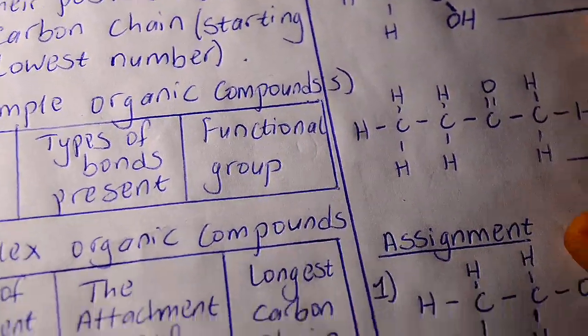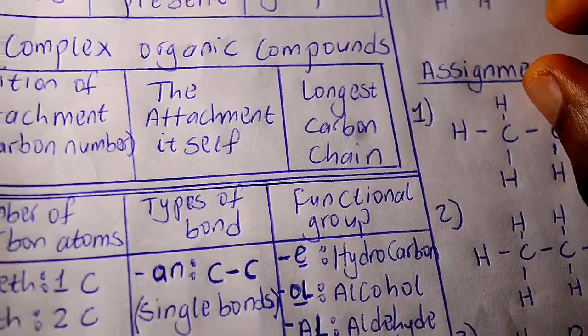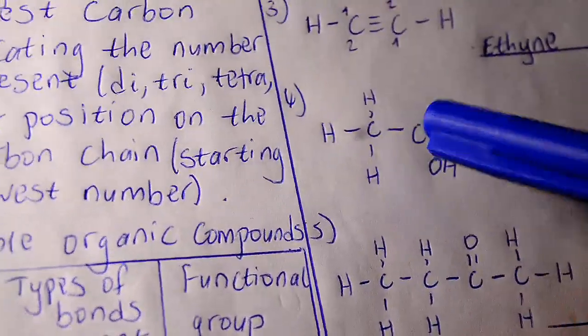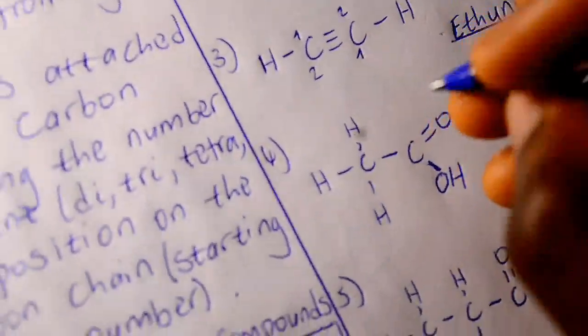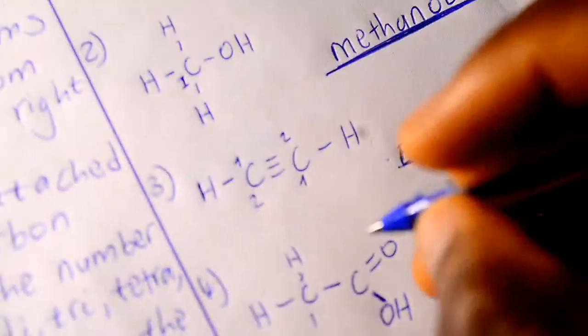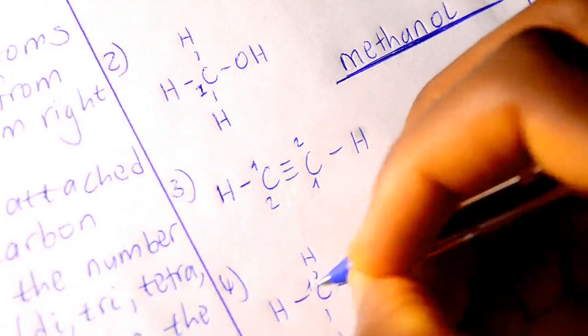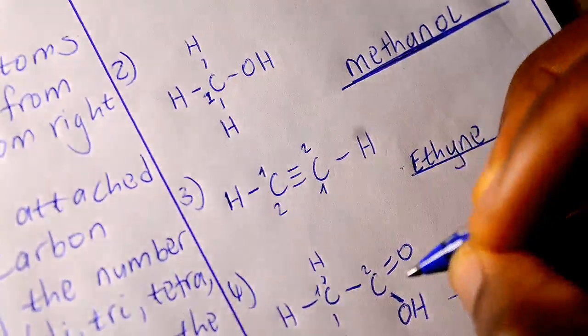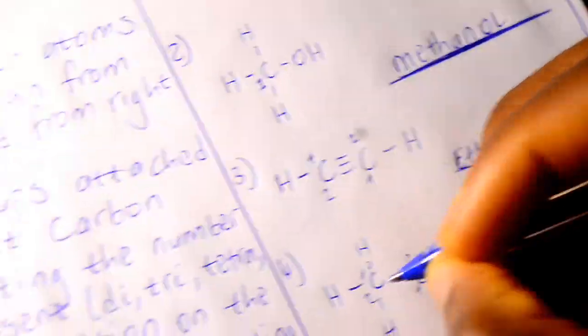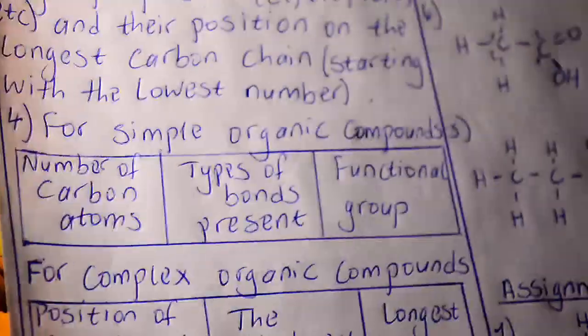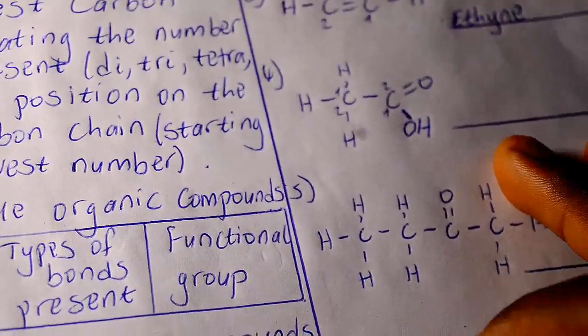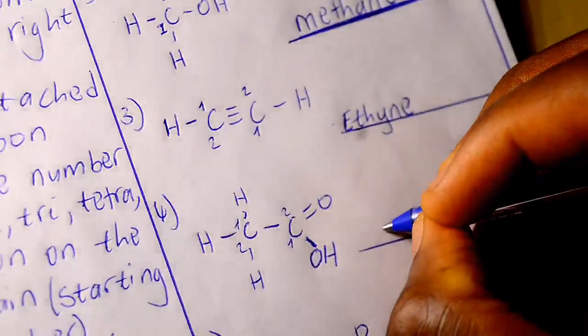Then for the fourth compound, the fourth compound is this, and you number the carbon atoms, 1 2, then 1 2. It has 2 carbon atoms, so it must be eth.